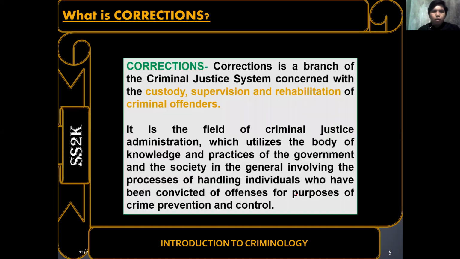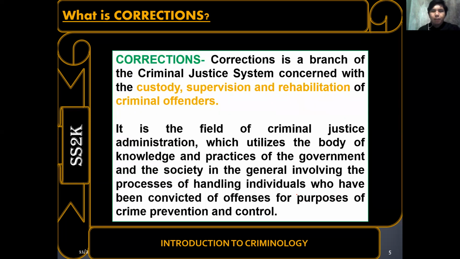Okay? So, what is corrections naman? We have already discussed in the previous chapter kung ano ang corrections. It is one of the pillars of the criminal justice system, the fourth pillar. Specifically, corrections is a branch of the criminal justice system concerned with, ano ba ang trabaho ng correction pillar ng criminal justice system.